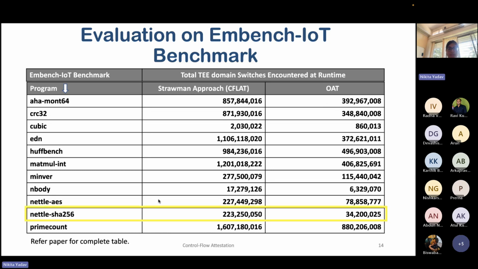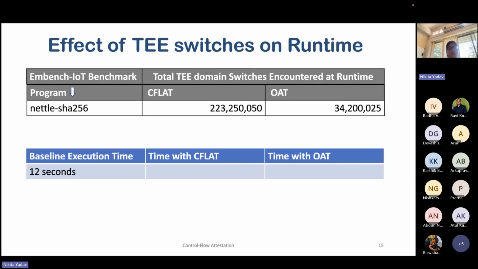If I pick a particular benchmark here, the Nettle SHA-256 benchmark, which computes the SHA-256 hash, the baseline execution time of this program was only 12 seconds when run on a Raspberry Pi in our experiments. And one TEE domain switch takes roughly 190 microseconds on our Raspberry Pi setup, which is similar to what has been reported in the prior works.